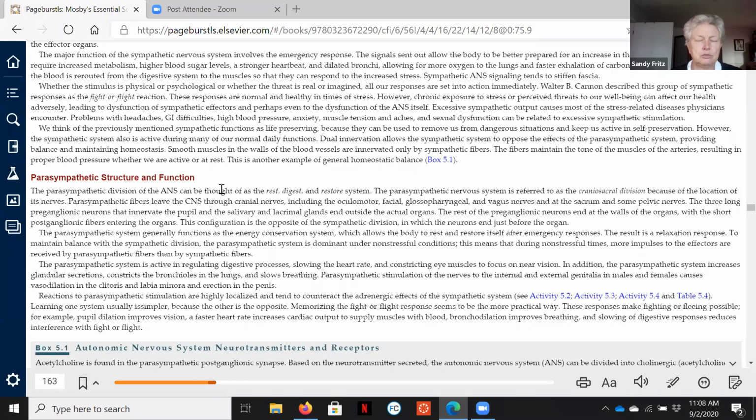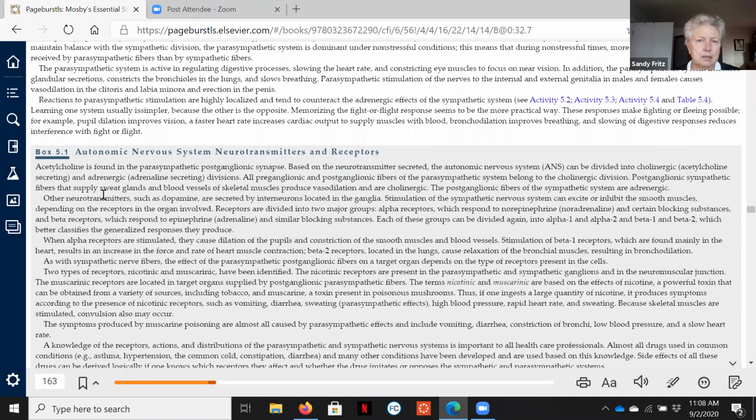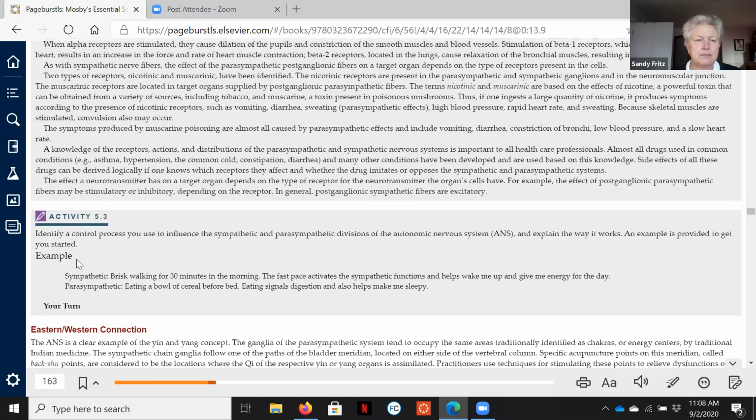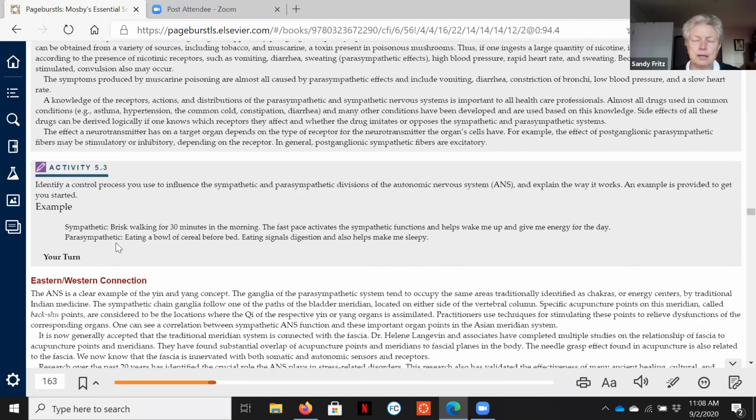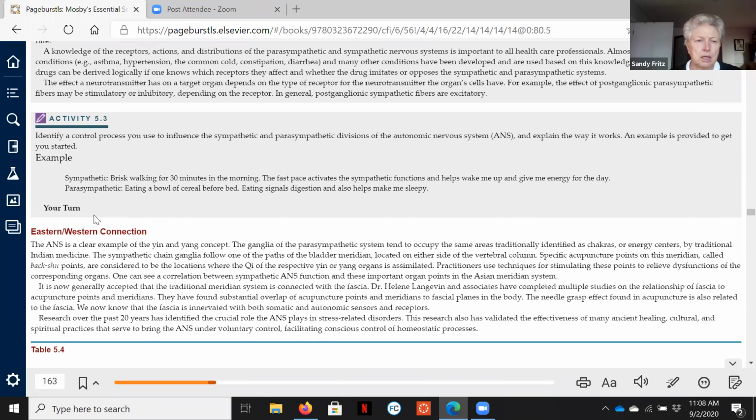Parasympathetic, rest, restore, rejuvenate. And there are some activities through here that try to help you get a sense of this in actual behavior. So make sure you slow down and do those. And an explanation here of how Eastern philosophies, form and function, really can come forward in the autonomic nervous system.